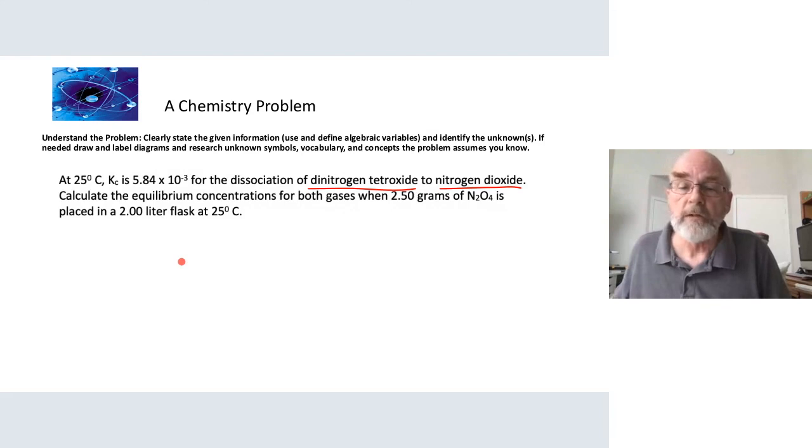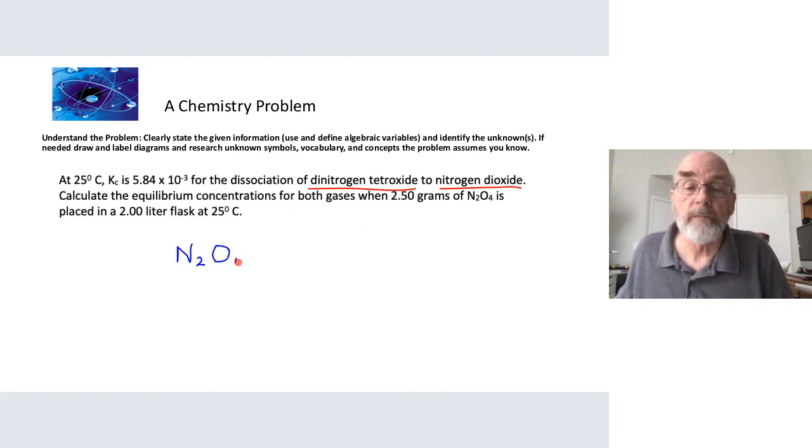Okay, so dinitrogen tetraoxide, I'm going to make this in blue. That's okay. So I've got two nitrogens. This is dinitrogen tetraoxide, sorry. Tetra means 4.